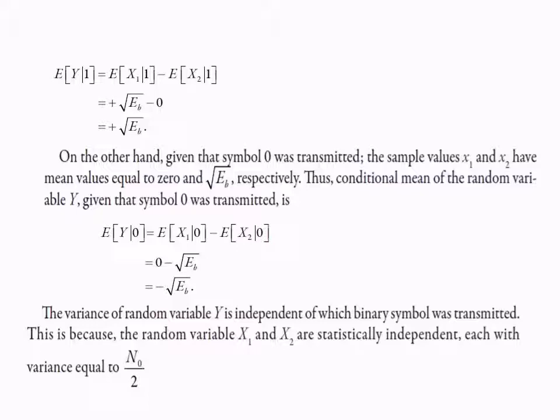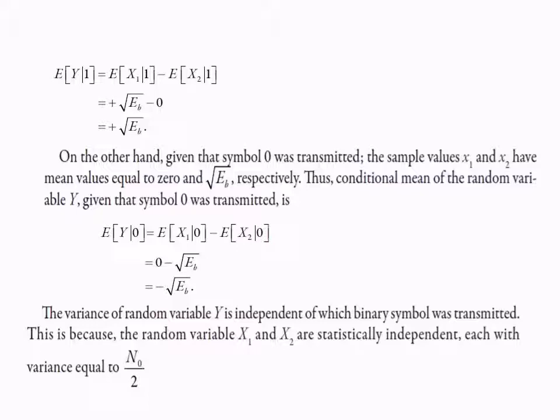Similarly, now we need to calculate the mean of y given that symbol 0 was transmitted. So this is equal to the expectation of S21 plus W1 minus the expectation of S22 plus W2.